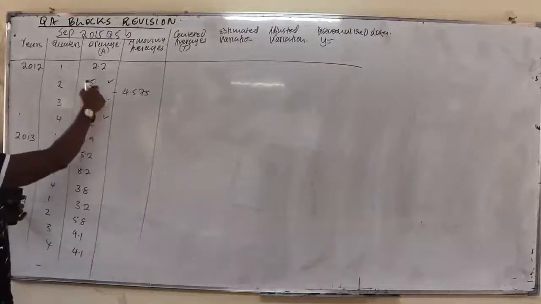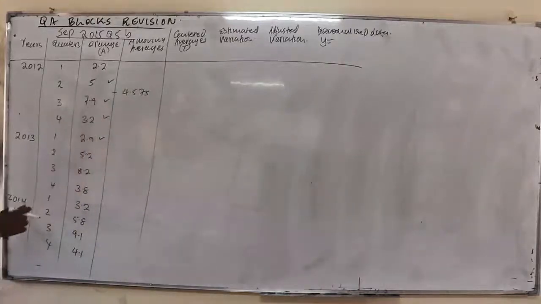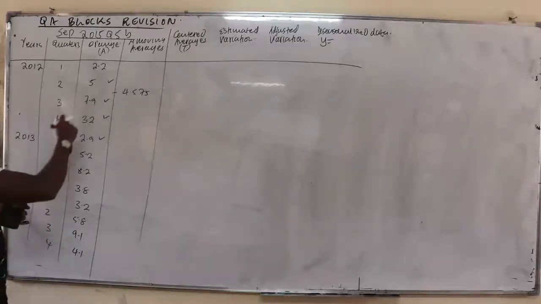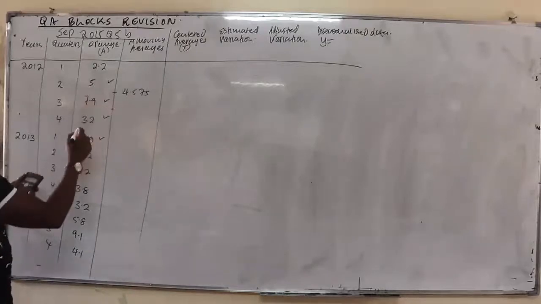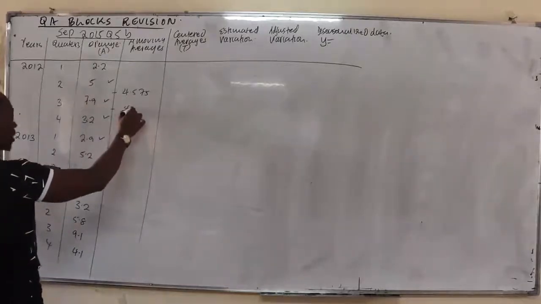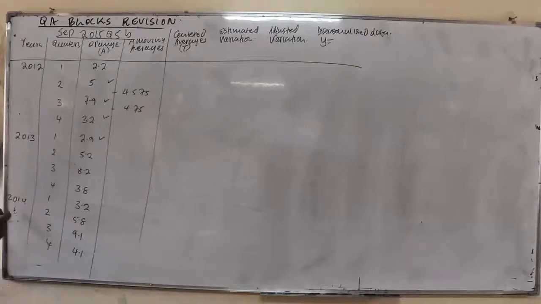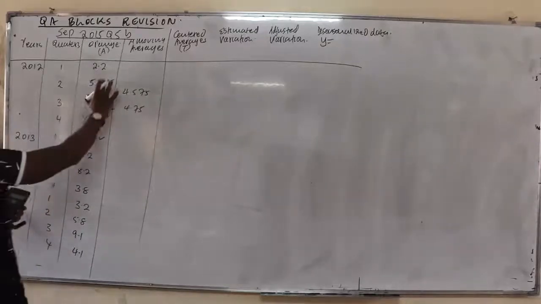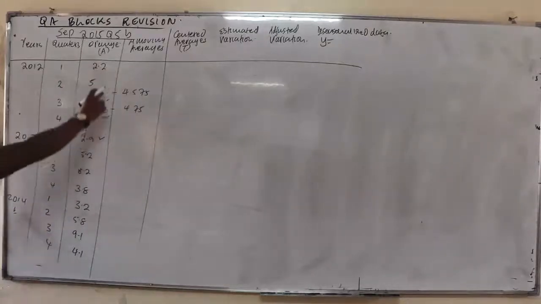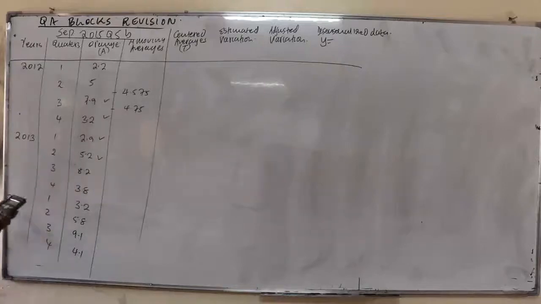So you take 1, 2, 3, 4. You add. And then you divide by 4 to get the average. And then you put them in between. So in this case, it will be there. You have 4.75. Then you drop the second one. Then you take the next 4. So take up to that point, like that.